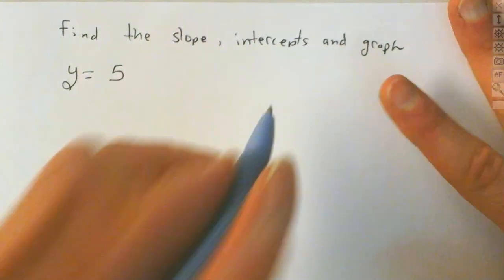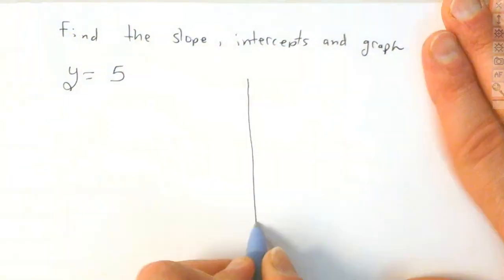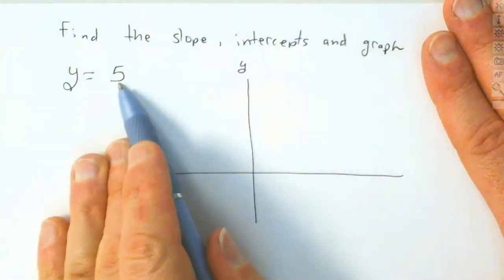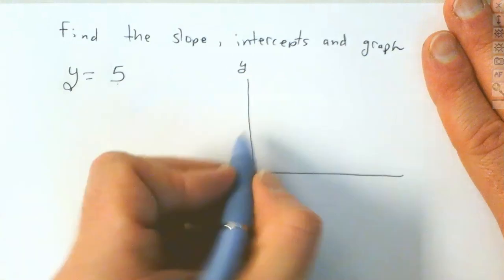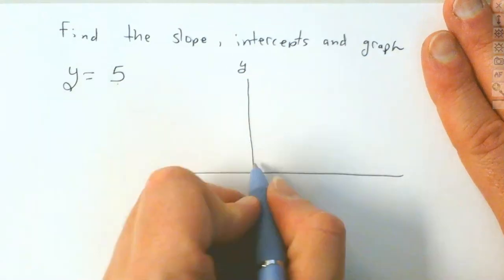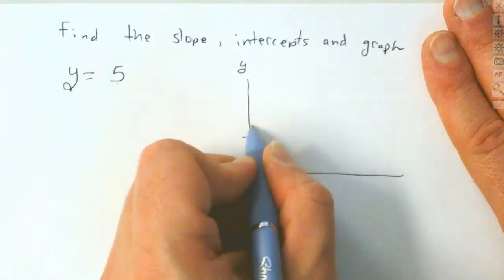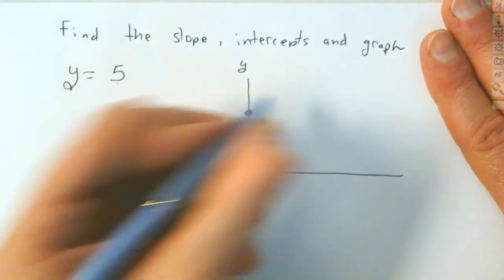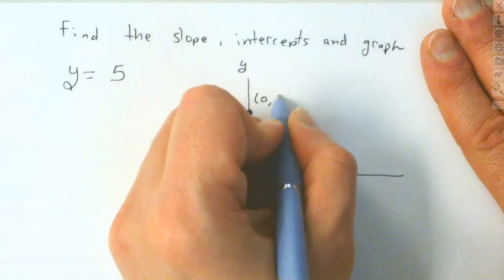So this is a y line, and that means it crosses the y-axis at what number? 5. So I'm going to start on my y-axis, and I'm going to go up 5. So 1, 2, 3, 4, 5. So right there it is, and that is going to be at 0, 5.